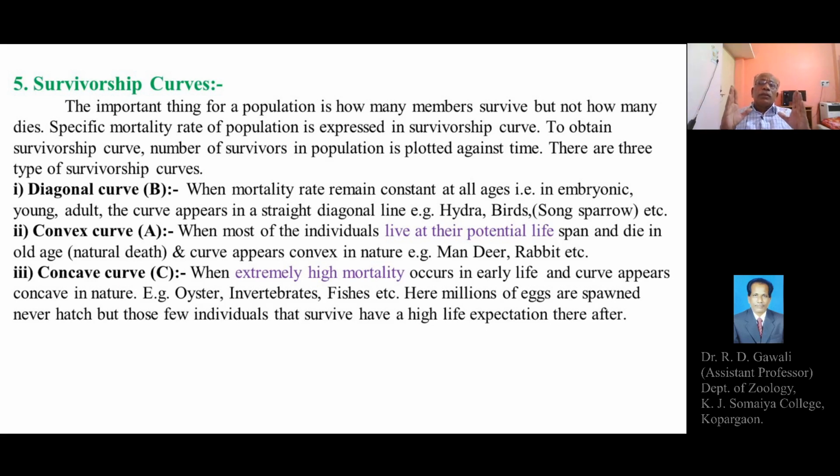Since we have already explained about the natality rate and the death rate, so as to study the population density or the population dynamics, it is essential to study the survival rate or the survivorship among the population instead of learning only about the natality or the mortality.